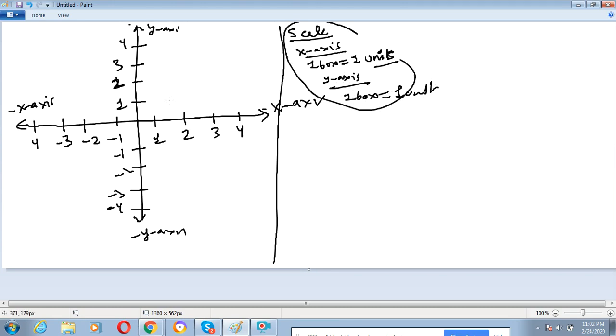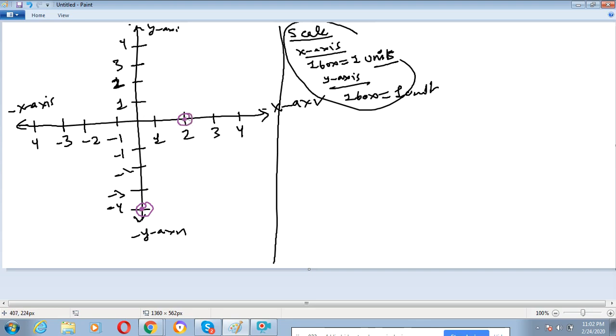So now I'll tell you the super shortcut. When you put x as 0, you get y as -4, right? So I got y as -4. This is when I put x as 0, I have plotted on the graph, you can see. And when I put y as 0, I got x as 2, right? 2x equals to 4, x equals to 2.